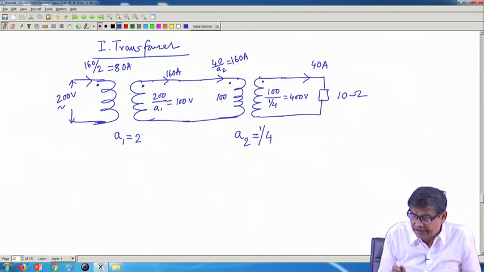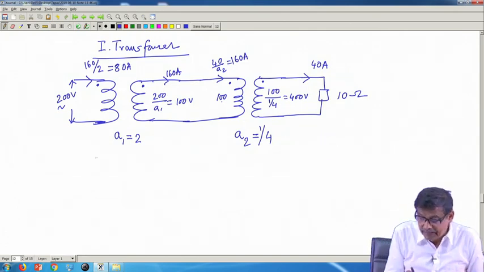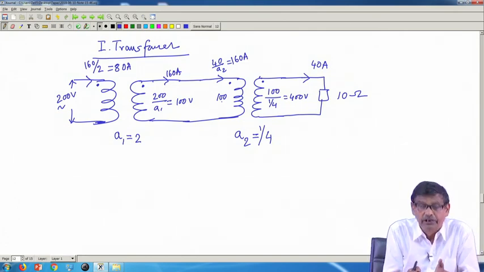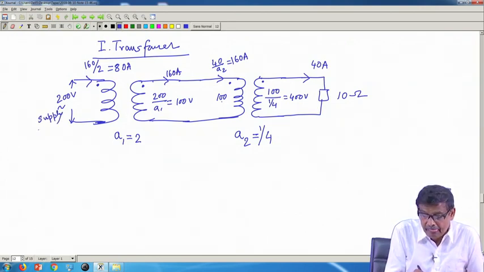Now, what I am telling you is the equivalent circuit of this whole system with respect to the only source, the supply.